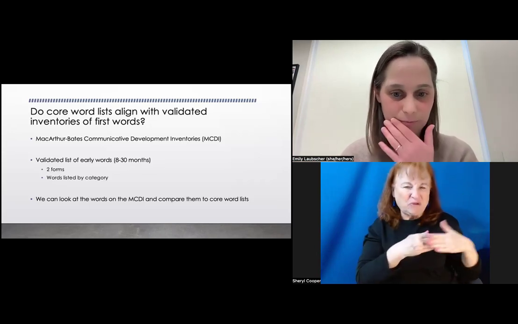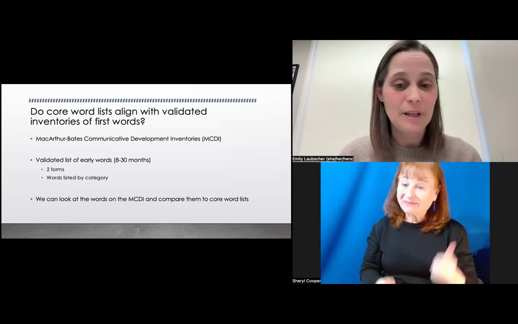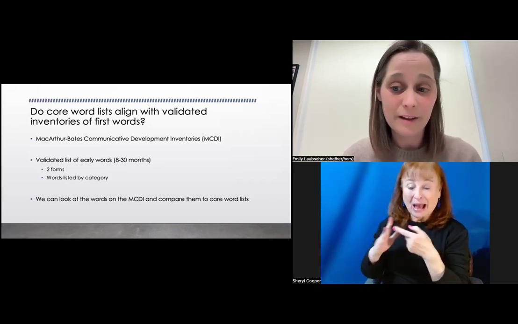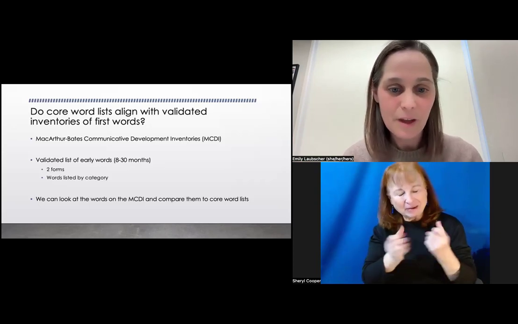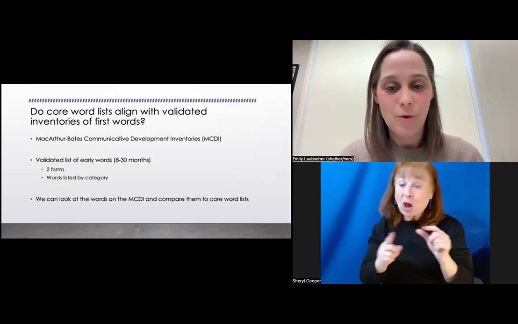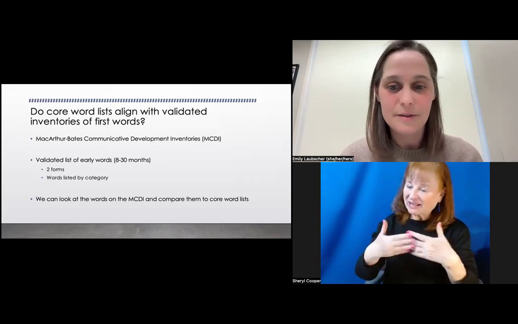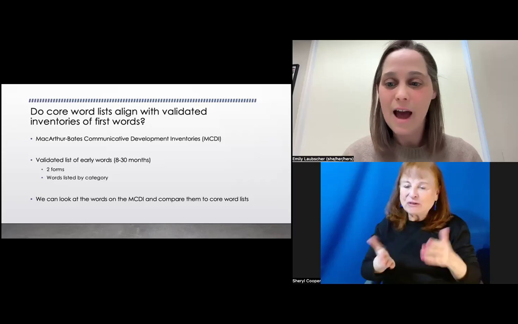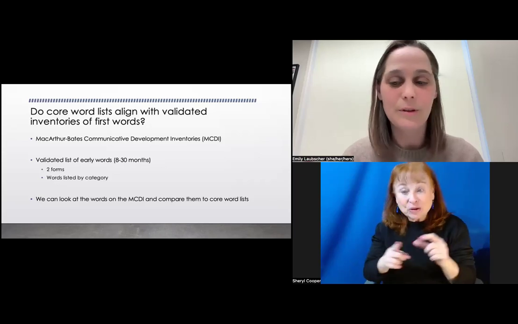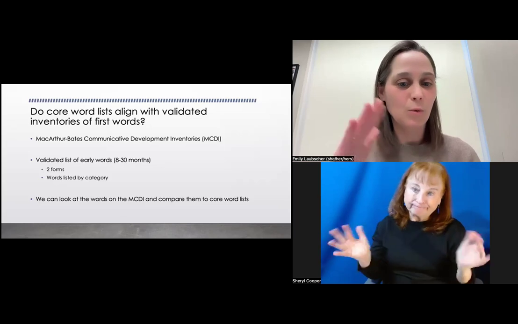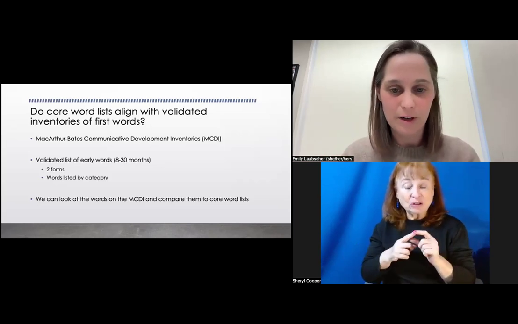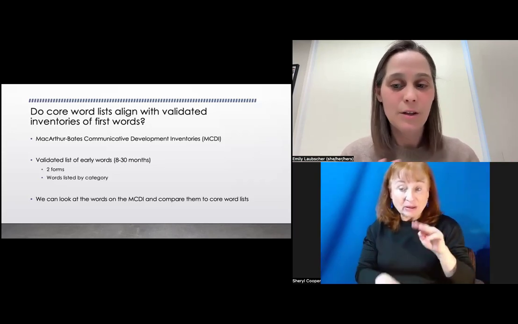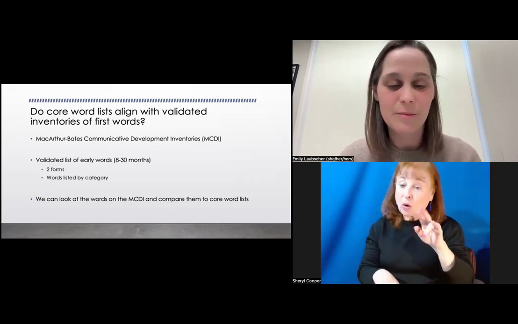Each of the forms includes a list of actual words used by beginning communicators, developed and validated over decades of research. The word list on each form is divided into categories, for instance, toys, household items, action words, games, people, etc. And then there are words listed within each category. So we can compare the words on the MCDI to core word lists in order to determine how well they match.